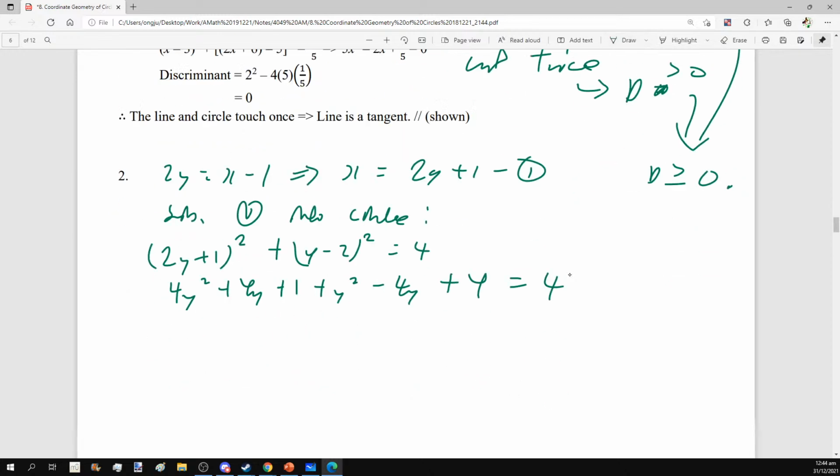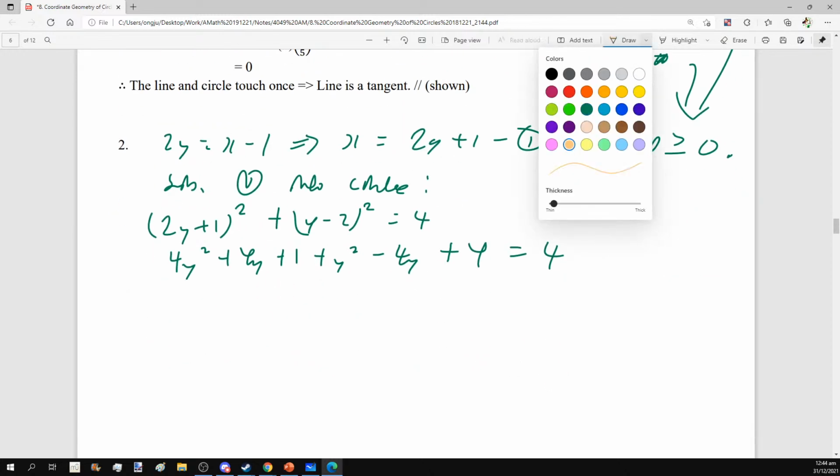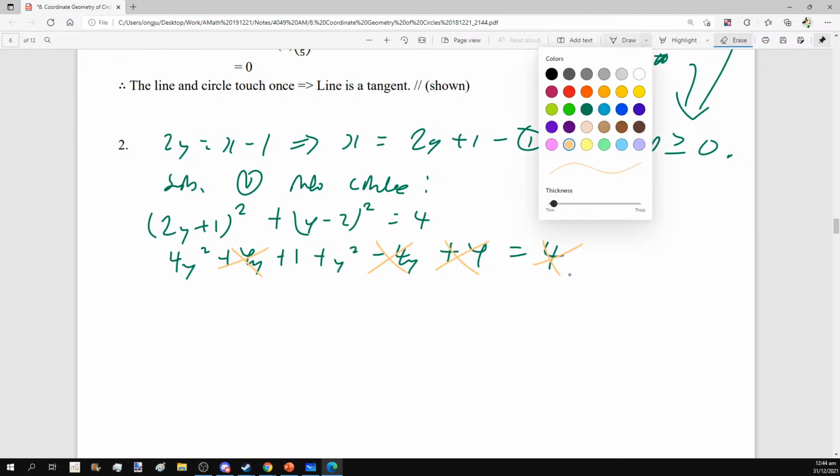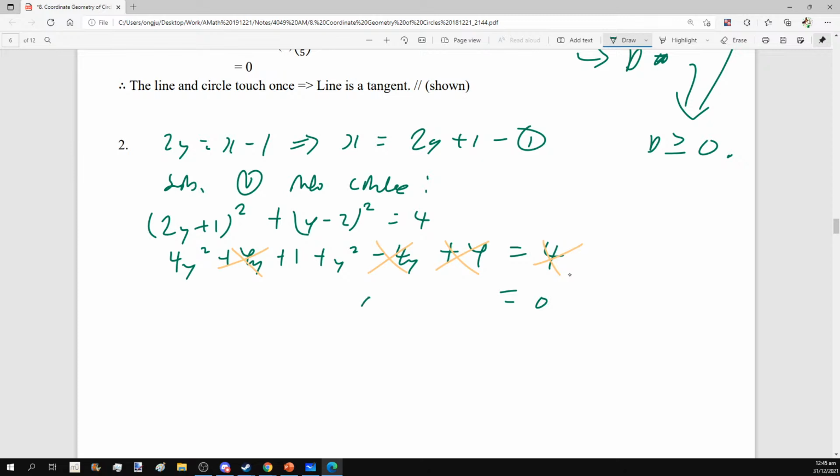And once we are at this stage, things will be very beautiful. We can cancel the 4s here, we can cancel the minus 4y with the plus 4y. Let me change it back into dark green. This will simply give us 5y squared plus 1 equals 0, like so.